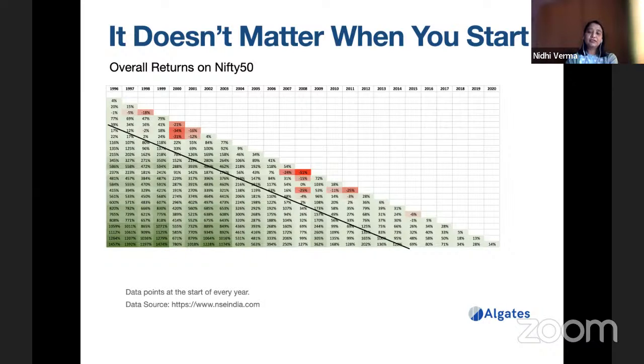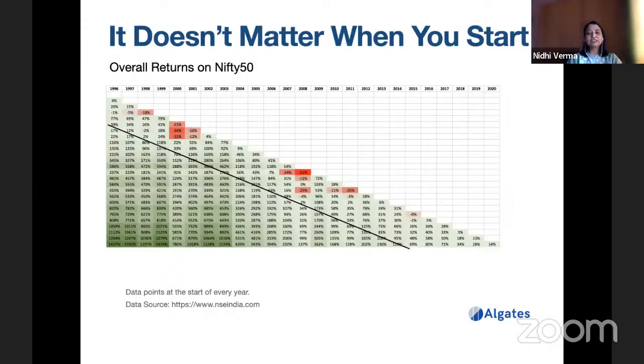And if you stayed invested over a period of 2 years, from 1995 to say 1997, then your money would have grown by 20%. But if you would have stayed invested for 3 years, starting back in 1995, then the return on your overall investment would have been -1%.